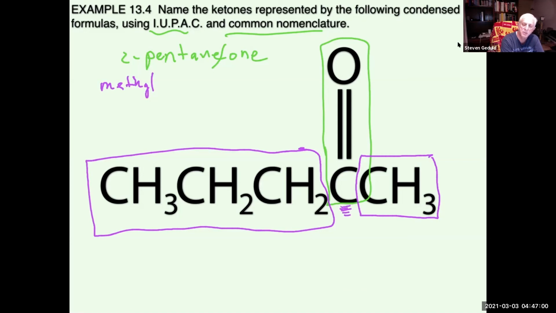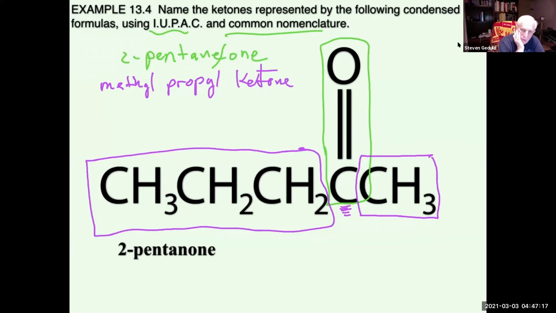We're just taking the groups to both sides of it. That's included in the name ketone. So methyl, and then 3 carbons is propyl. Methyl propyl ketone. So 2-pentanone is our IUPAC name, and methyl propyl ketone is a common name.